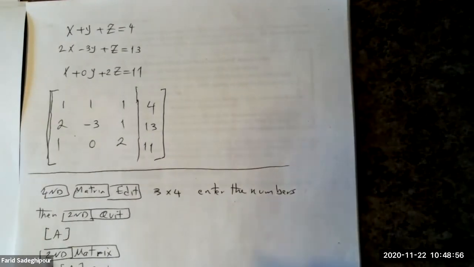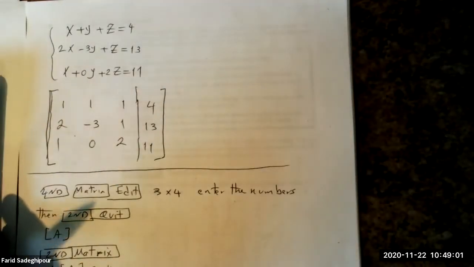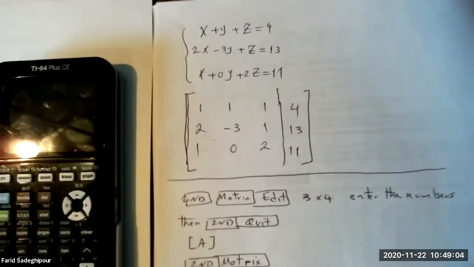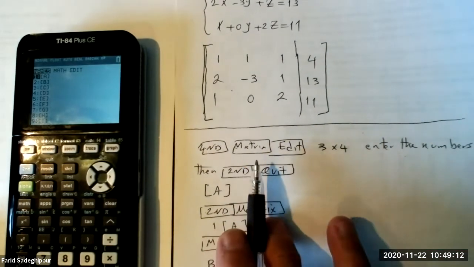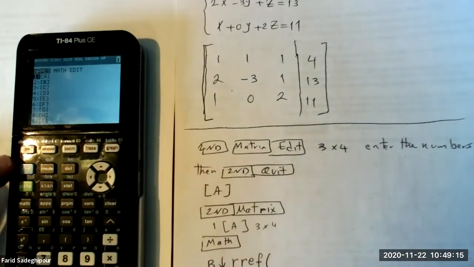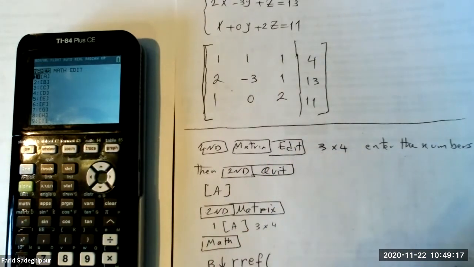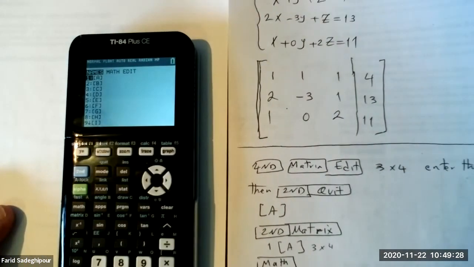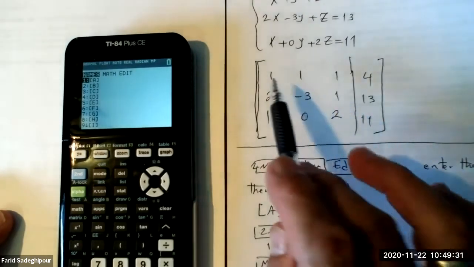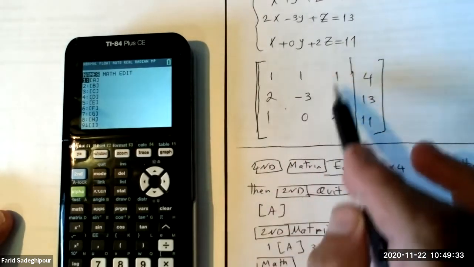In this example, you have 3 equations and 3 variables, right? So what we need to do here is first, they're saying go to the second matrix. And when you do that, your matrix is 3 by 4, right? 1, 2, 3, 1, 2, 3, 4.